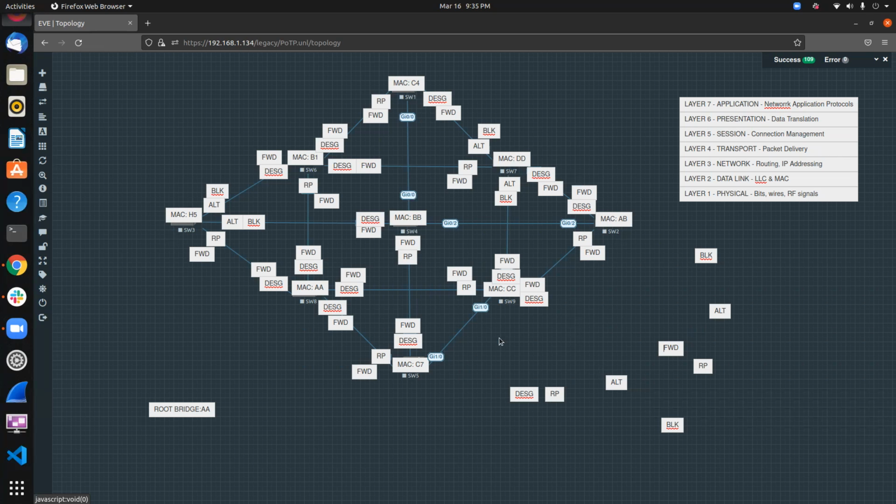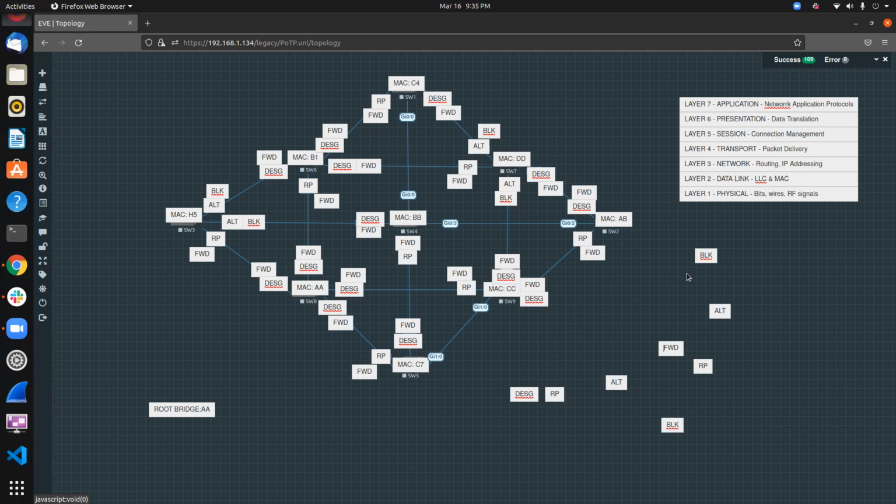All right, let's start with the interface on the switch with MAC address BB, switch 4. We're going to go to interface 2 and make that a designated forwarding. Why? Hang on a second. AB to C7, I'm looking at the rules concerning the state.